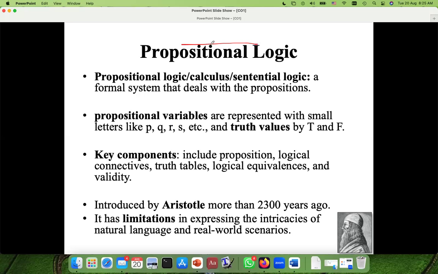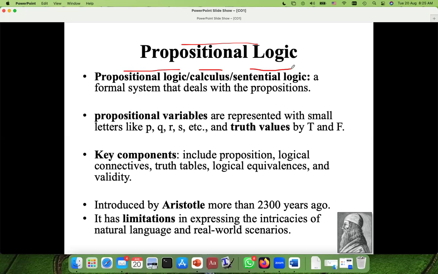So this propositional logic has different names. We can call it propositional logic. We can call it propositional calculus. We can call it propositional sentential logic. These are 3 different names of the same thing.